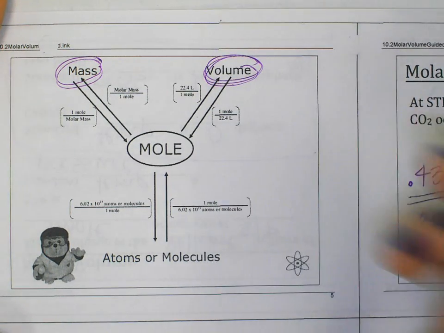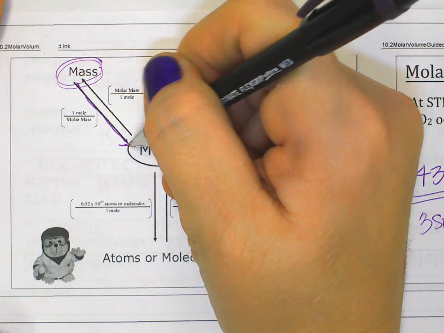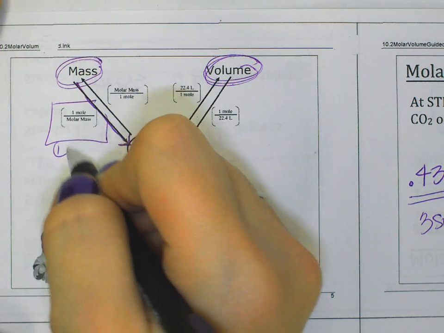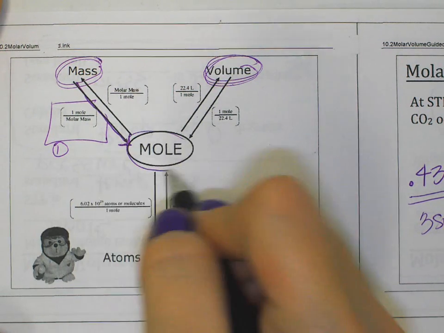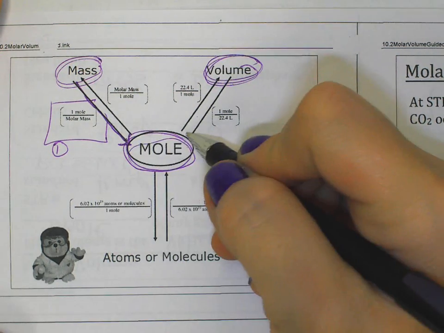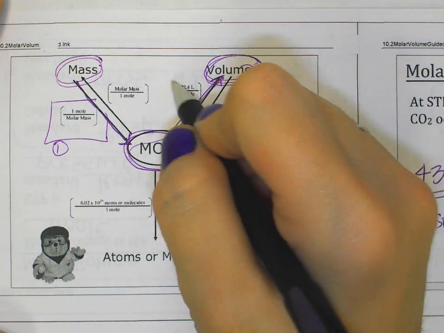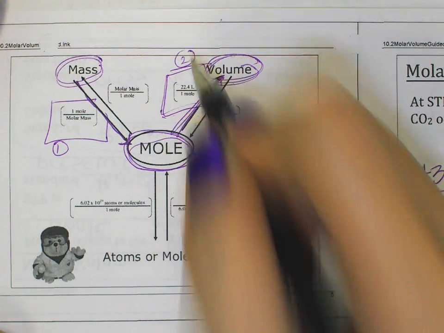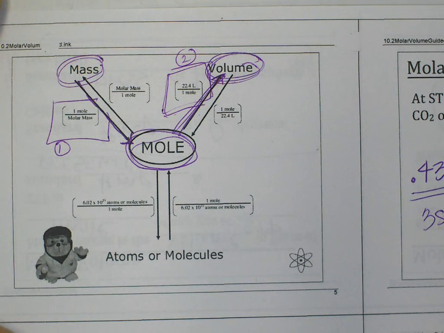So I'm going to have to follow the path that takes me to moles, which means I need this guy right here. And then I'm going to have to follow the path that takes me from moles up to volume. That means I'm going to need this guy over here, step 2. So you can use the Y diagram to do 1-step or 2-step conversions. Right.